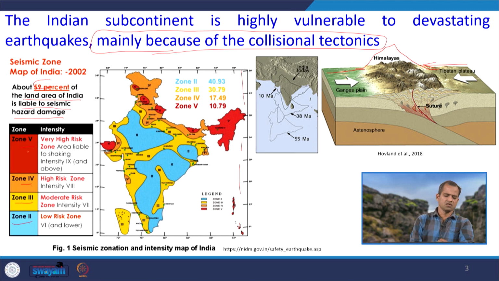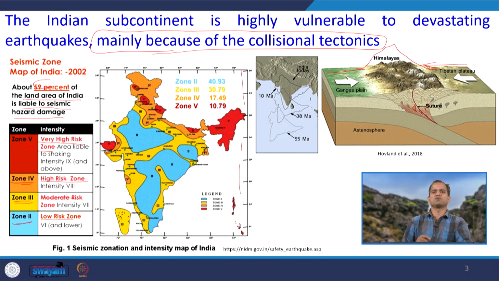If you see zone V, it is a very high risk zone, an area liable to shaking intensity 9 and above. Zone 4 is a high risk zone, zone 3 is a moderate risk zone, and zone 2 is a low risk zone.